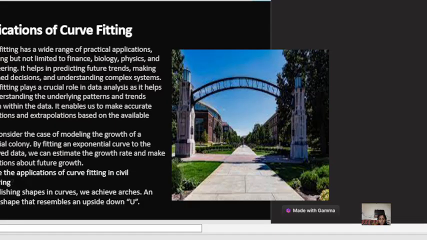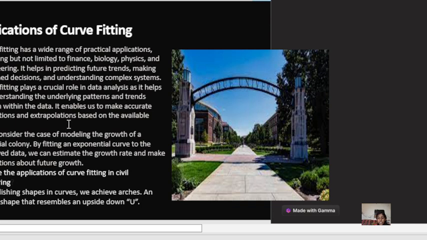The next thing is application of curve fitting. Curve fitting has a wide range of practical applications, including but not limited to finance, biology, physics and engineering. It helps in predicting future trends, making informed decisions, and understanding complex systems. Curve fitting plays a crucial role in data analysis.